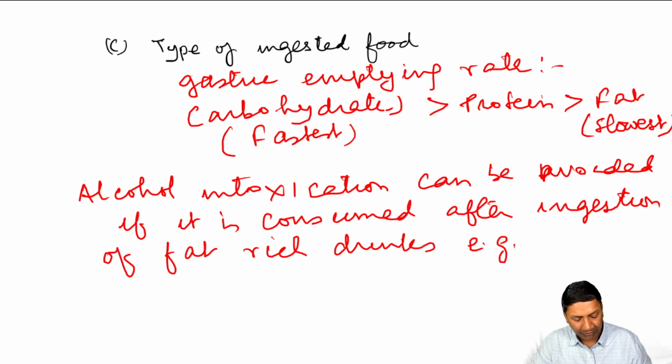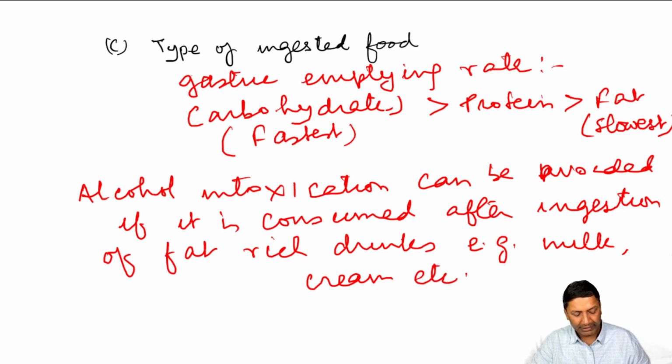Examples of such fat-rich drinks are milk, cream, etc. These fat-rich drinks will slowly pass through the stomach, and so the alcohol will also pass slowly out of the stomach, and so the absorption of alcohol will be very slow. By this way, we can prevent alcohol intoxication.